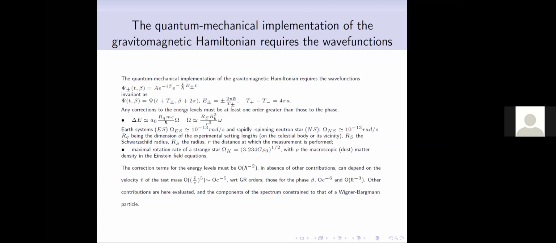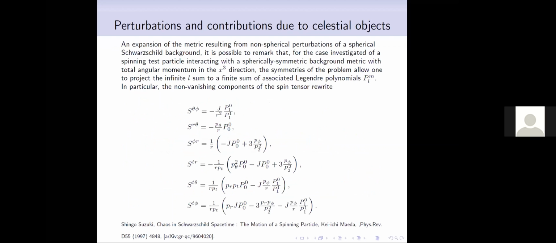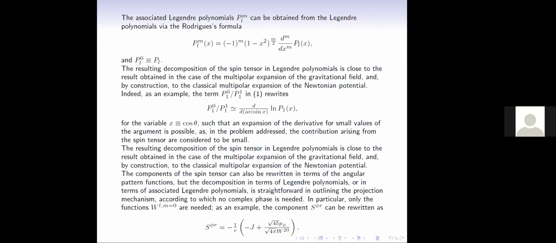And the perturbation due to some kinds of celestial bodies can be described by Legendre polynomials, which have non-vanishing contributions, and in particular they obey some specific law, which I can explain better if I am asked.